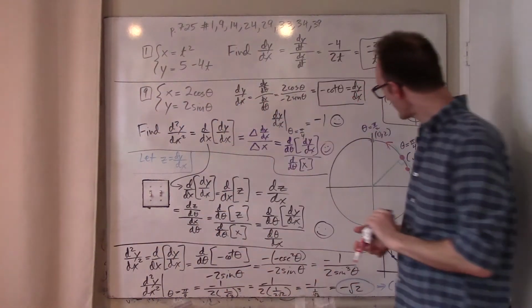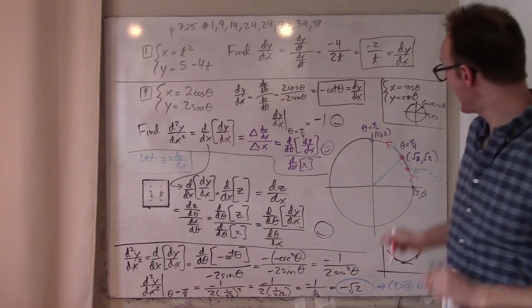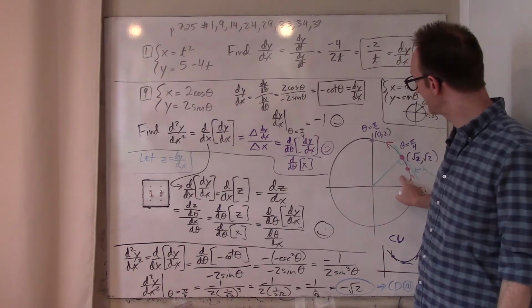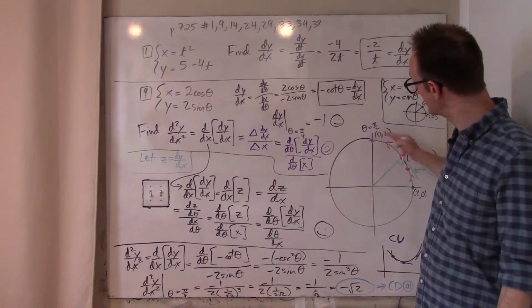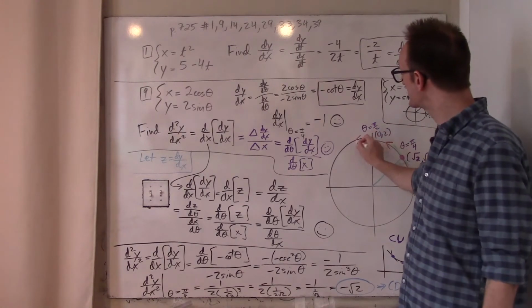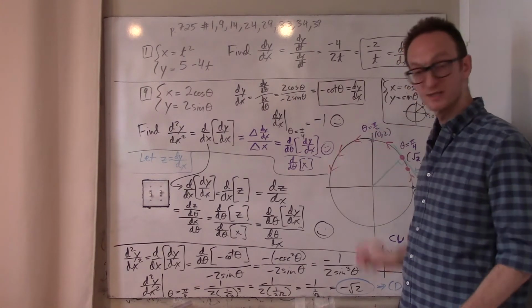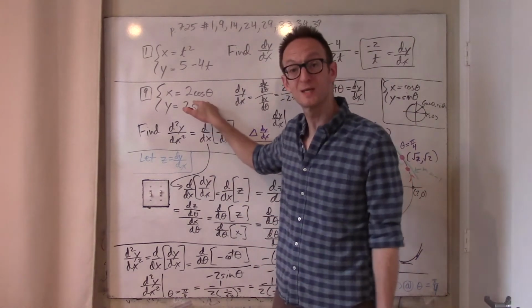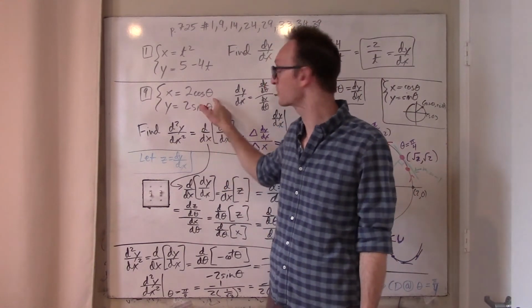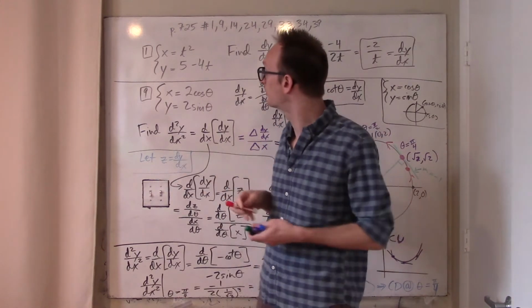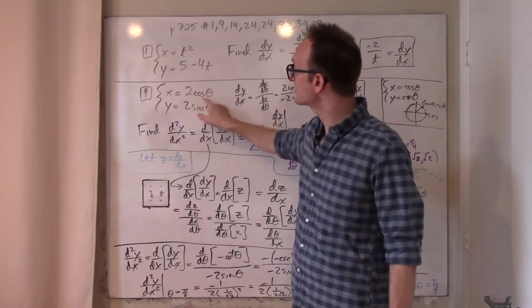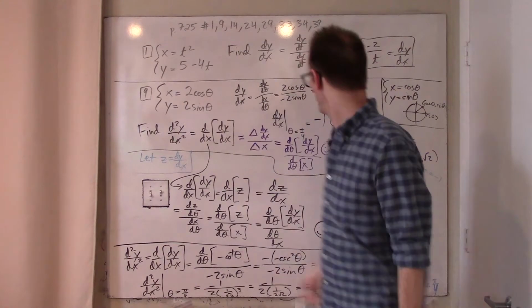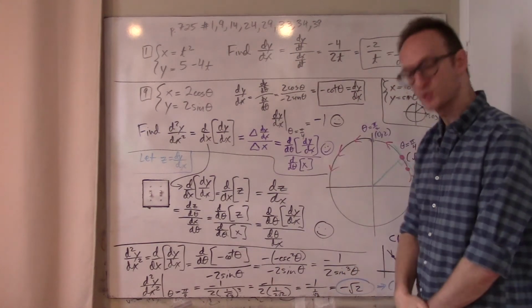The last thing, which I also said in class that is potentially confusing, is that even though as I move to the right the slopes of the tangent lines are decreasing, the curve itself is actually moving to the left. If you go into the details of this parametrization, which were not part of the calculus problem you were supposed to do, you will see that as theta increases, we move counterclockwise around the circle.